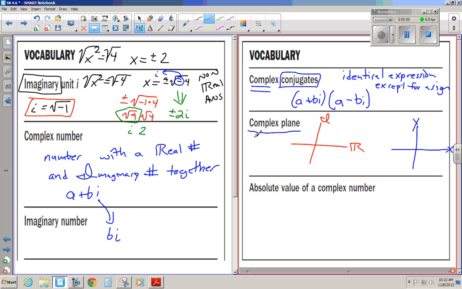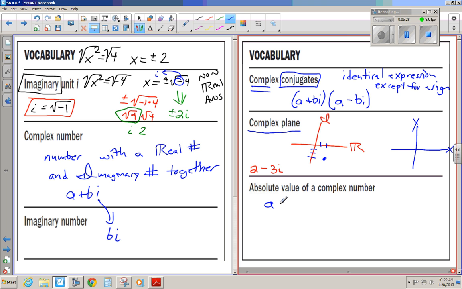So when you're looking at the number 2 minus 3i, you could probably guess that the real part is at 2. The imaginary part is at -3, and so you could plot a point that is imaginary.